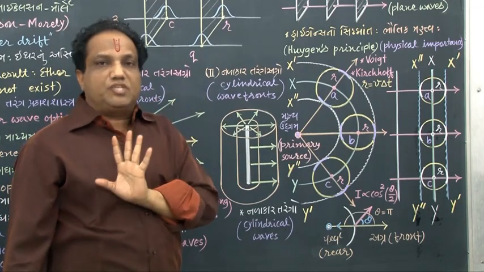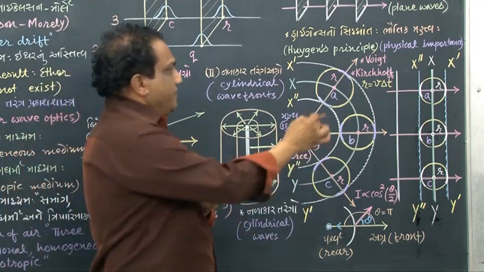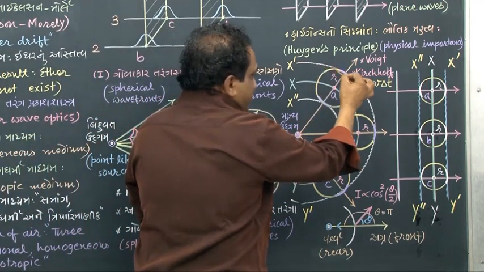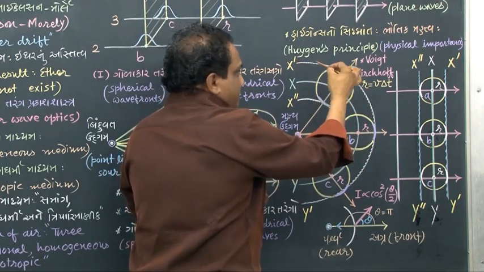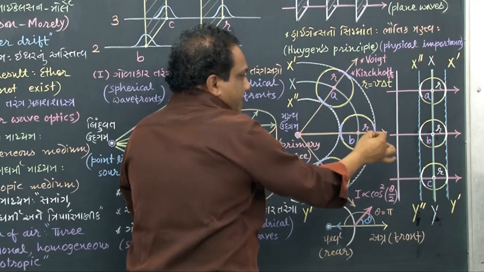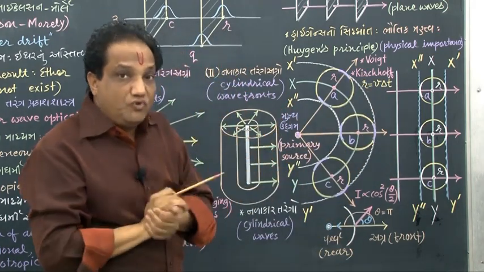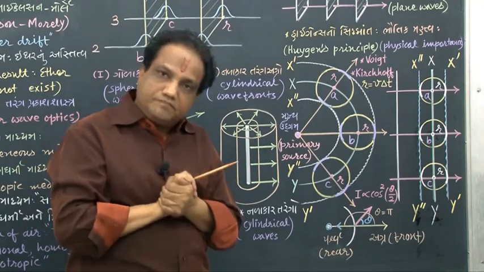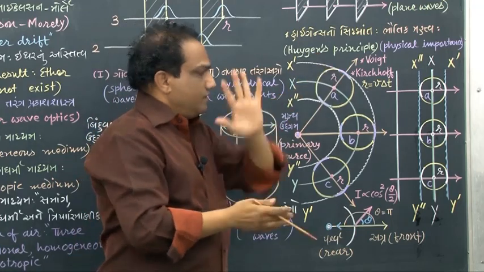After an infinitesimally small interval of time, the surface circumscribing, means tangential from outside, to all these secondary spherical waves gives us the shape and position of the new wavefront at that time. This very statement is called Huygens Principle.